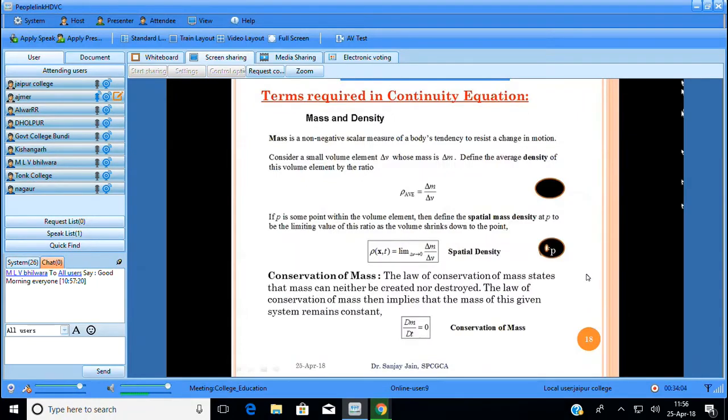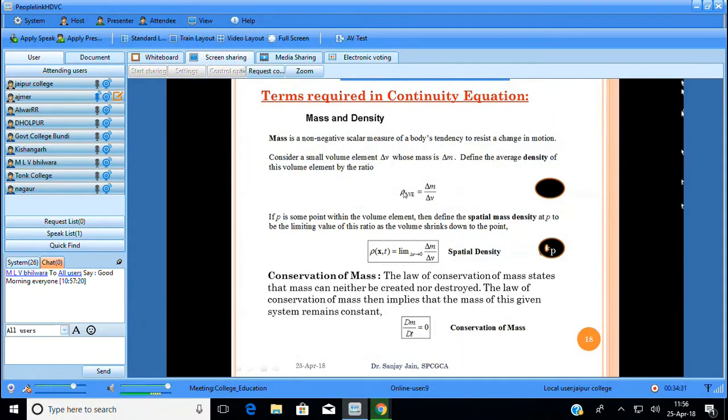So next, now we come to the continuity equation. First we are taking the terms required in the continuity equation: mass and density. What is mass? Mass is a non-negative scalar measure of a body's tendency to resist a change in motion.